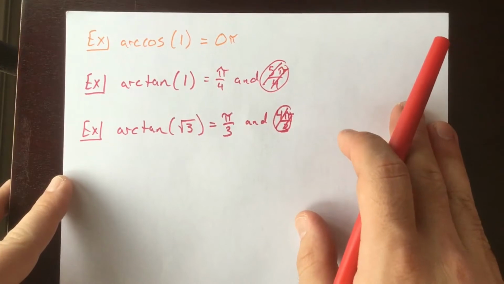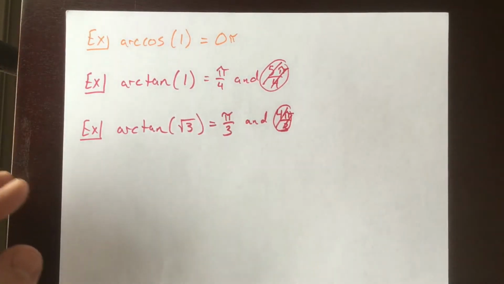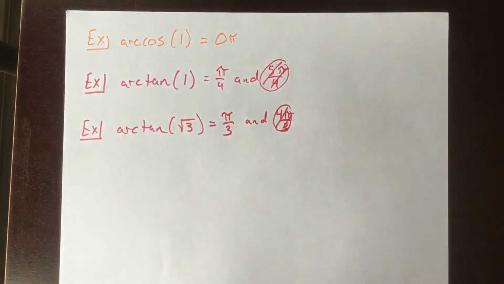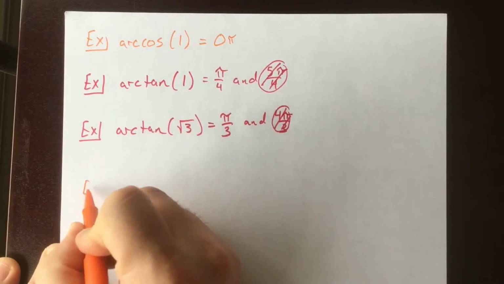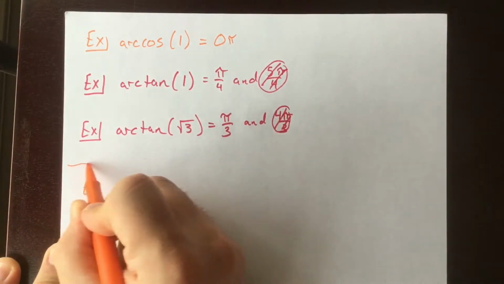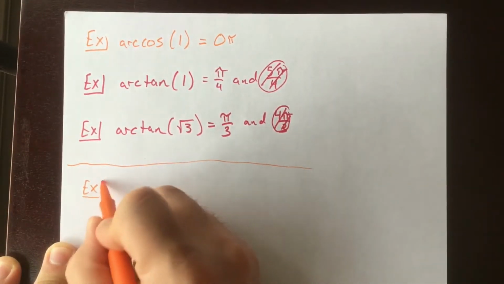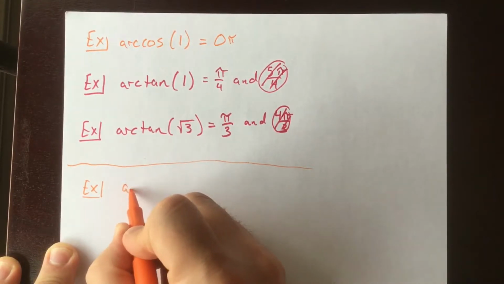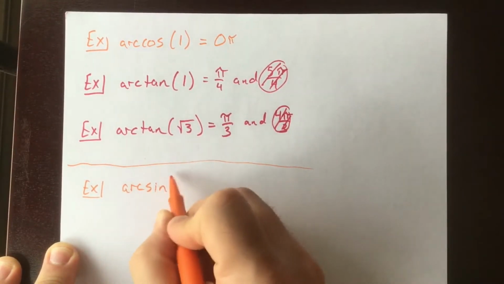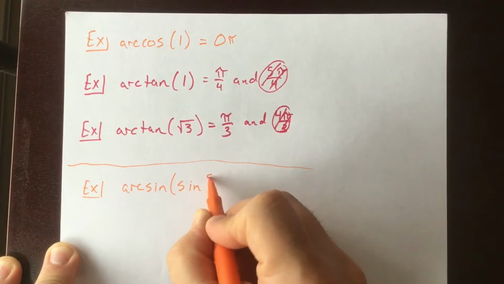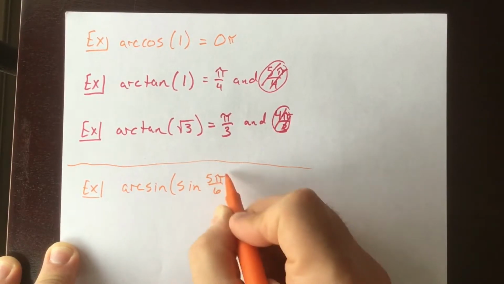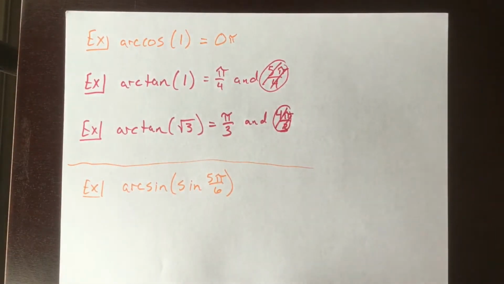So going further, let's say we have the arc sine of 5 pi over 6. Okay, so the arc sine of 5 pi over 6.